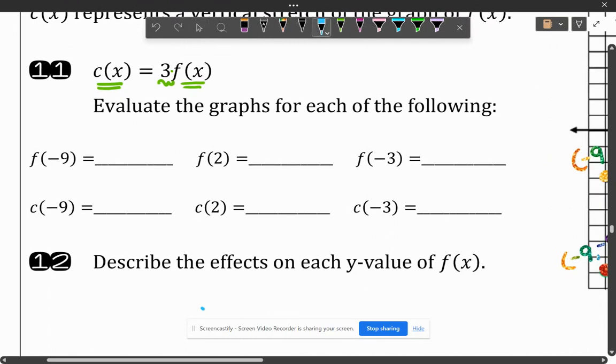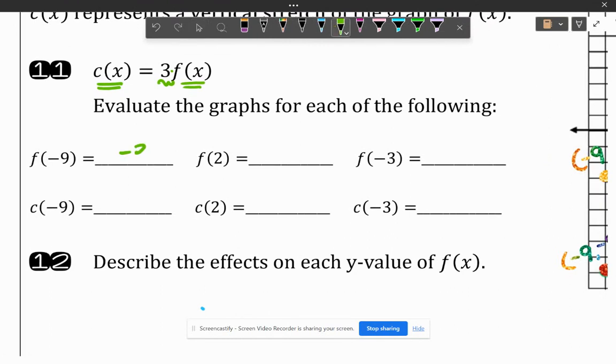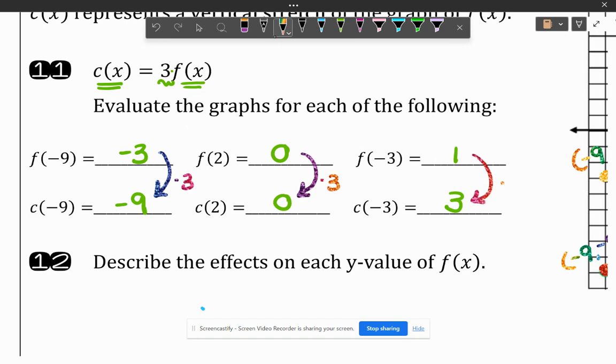All right. So going back to this, f of -9 is -3, c of -9 is -9, f of 2 is 0, c of 2 is 0, and f of -3 is 1, c of -3 is 3. Do you guys see what I'm saying? With the y values, how they're being multiplied by 3.